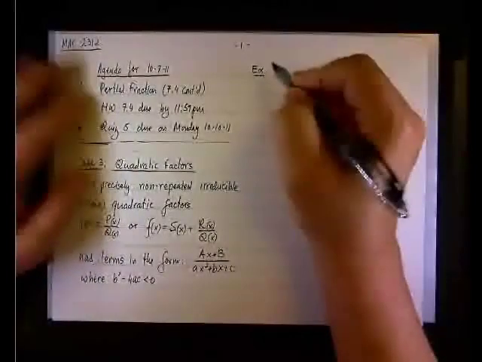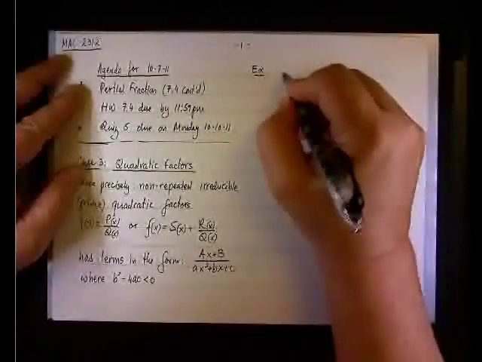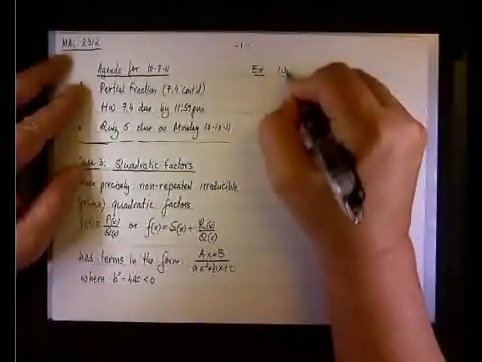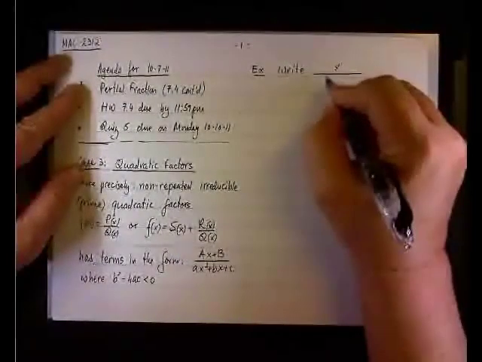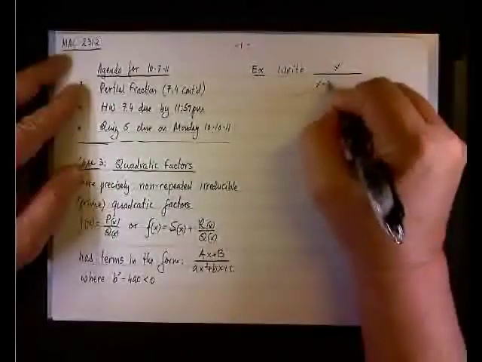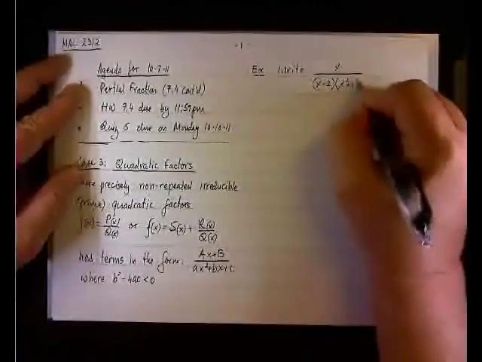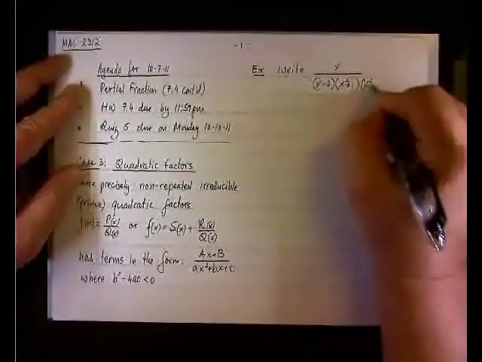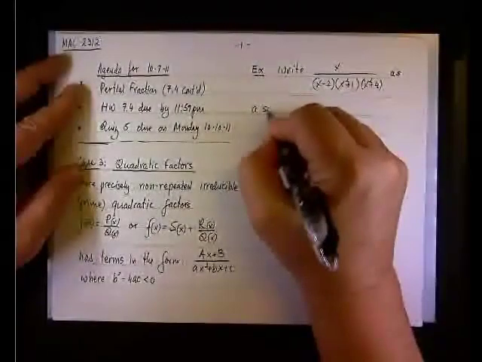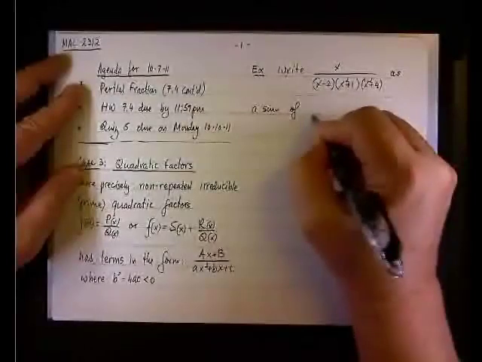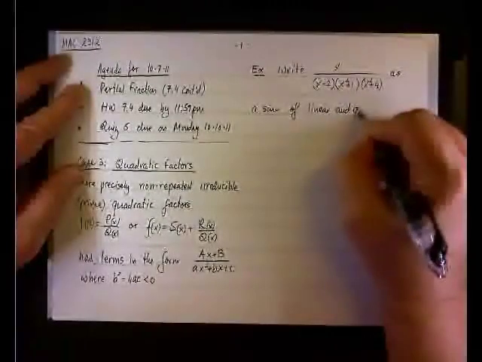We want to write the rational function x over (x minus 2) times (x squared plus 1) times (x squared plus 4) as a sum of linear and quadratic factors.